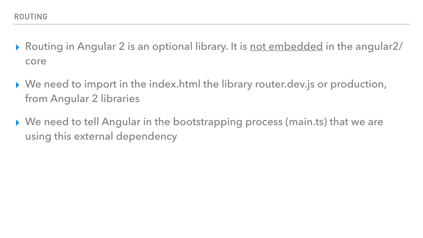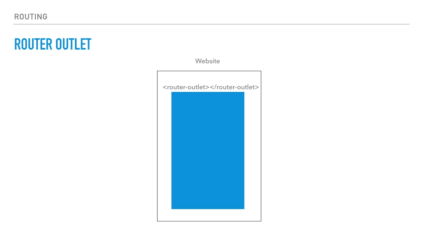We need to import this library in the index.html before working with what the routing provides to us. Also, we need to tell Angular in the bootstrapping process in the main file that we are using this external dependency. So, what is a router outlet?